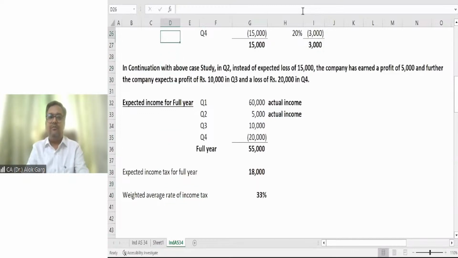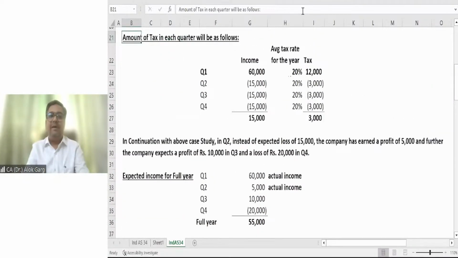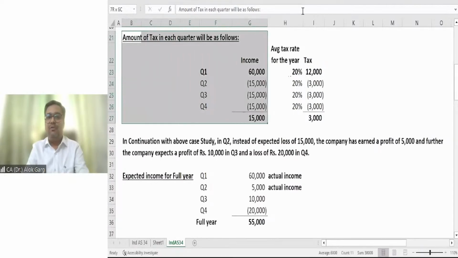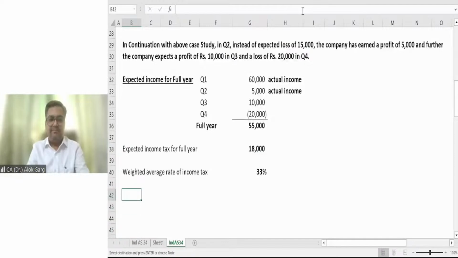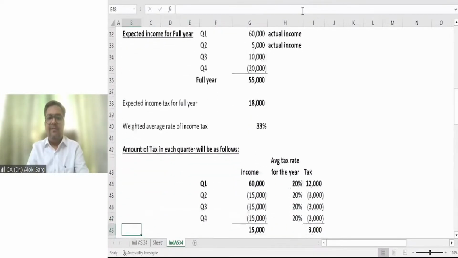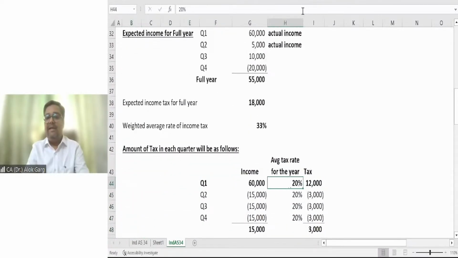So now, what is my amount of income tax in each quarter? Friends, my rate is 33%.